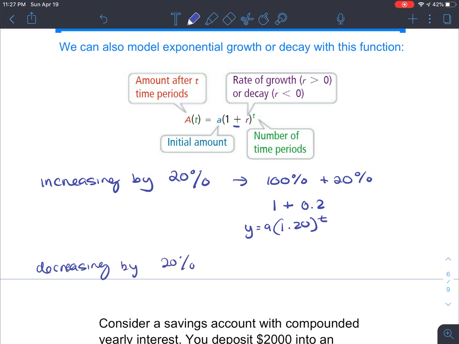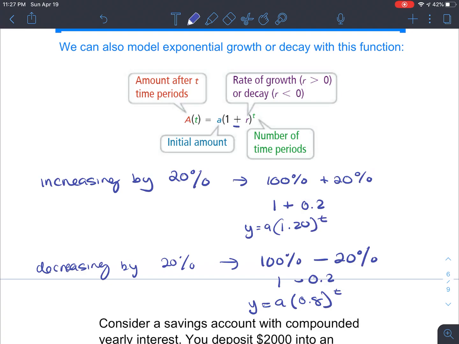If I was decreasing by 20%, we're following the same structure. We're going to take that 100% and we're going to subtract the 20. So we're going to take the 1 minus the 0.2. So when we get our growth factor, it should look something like 1 minus 0.2, which is 0.8.